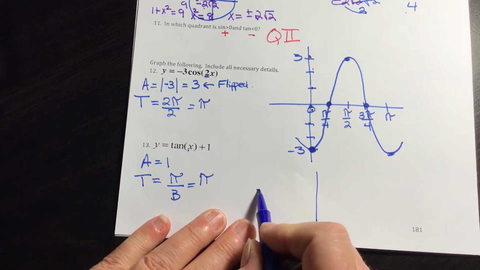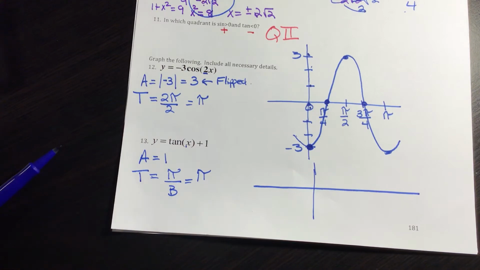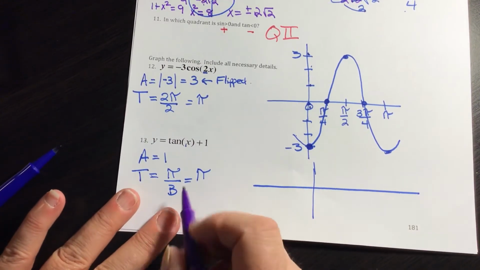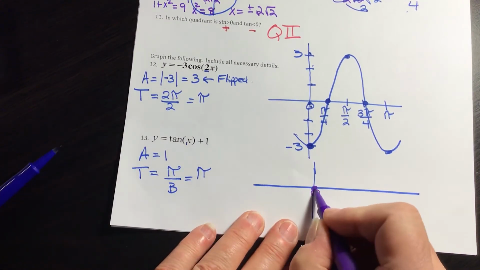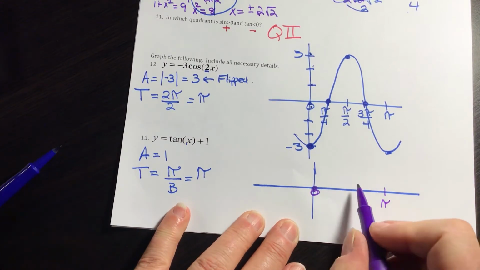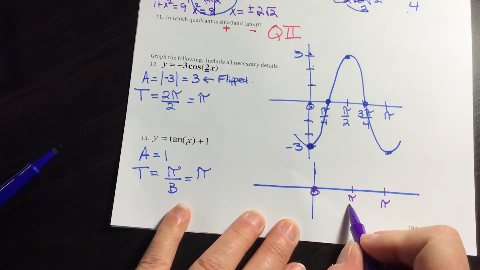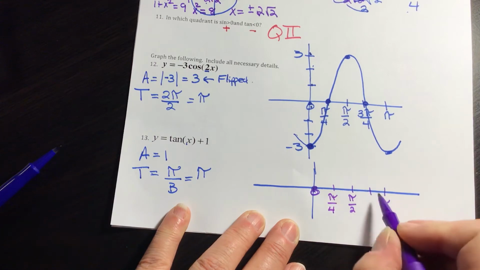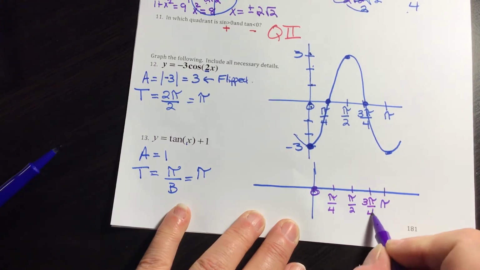So if I draw my axes, if I start at 0, and I'm going to pi, I'm going to have pi over 2, and then pi over 4, and 3 pi over 4.